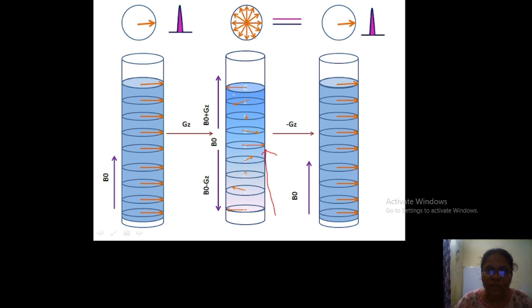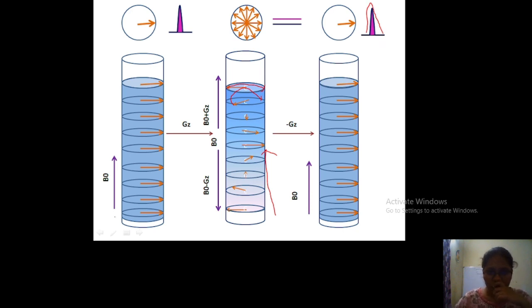Then these magnetization vectors start rotating back by the same angle theta to which they moved during the first gradient. So all the magnetization vectors will rephase and the signal intensity will be maximum again. The complete signal intensity will be regained.